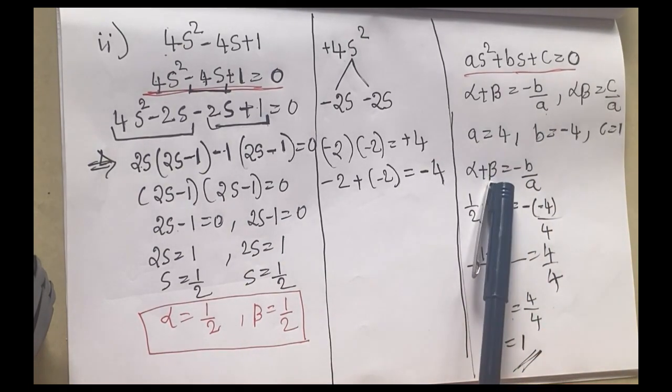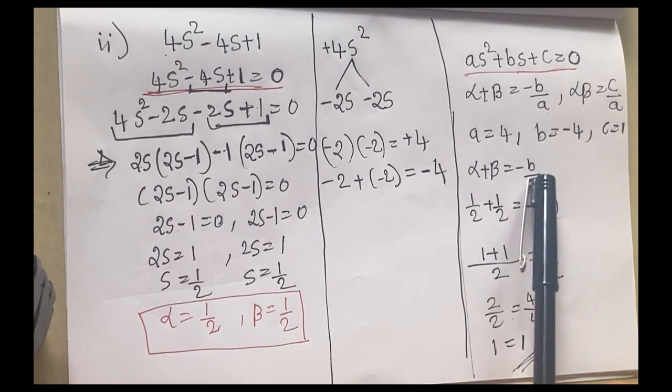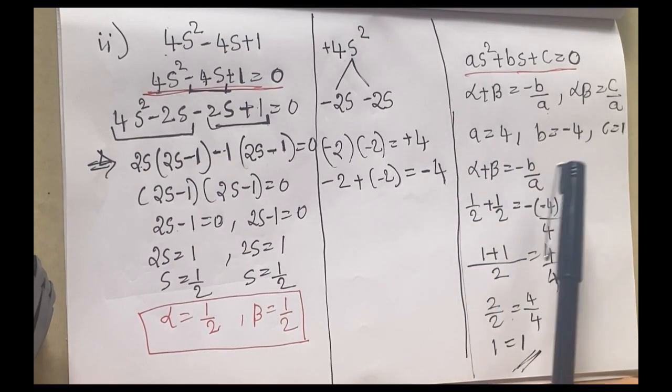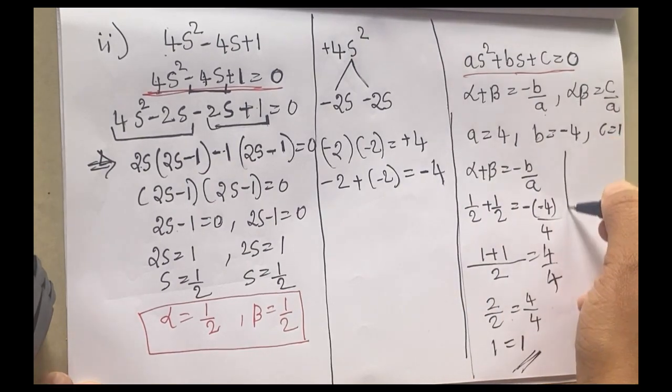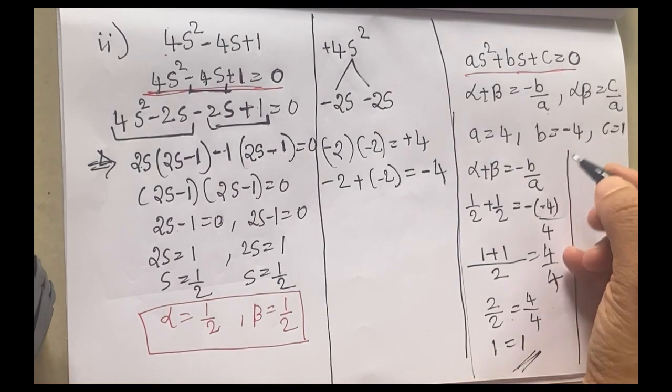Sum of the zeros is equal to minus b by a. This relationship between sum of zeros and coefficients is verified.